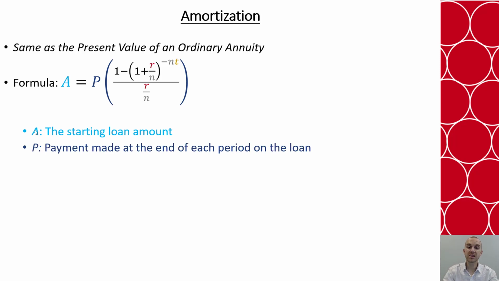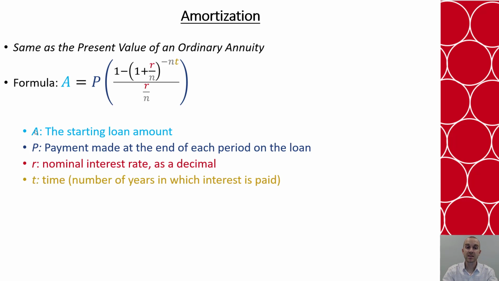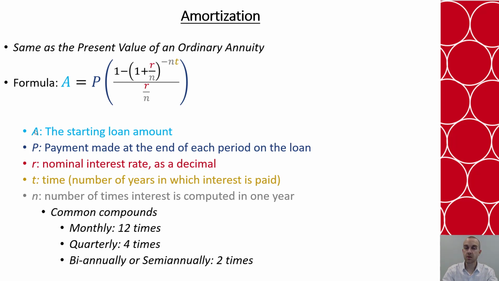P is going to represent that periodic payment, whether that's monthly, quarterly, semi-annually. That's the payment that's going to be made for the term of the loan. R is still our interest rate, written as a decimal. T is still time, written in years. And N is still the number of compounds, how many times interest is being computed in a year. Again, most common ones are quarterly, monthly, and semi-annually.